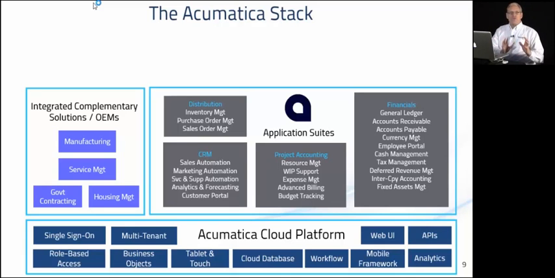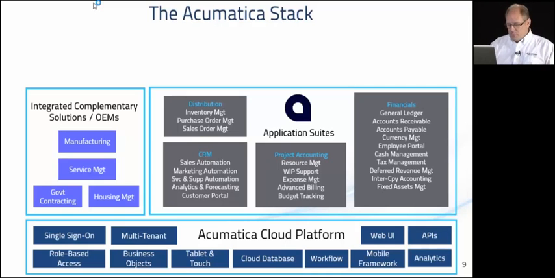But then we have what we call our integrated complementary solutions. Now, these are from organizations who have said, we're going to take that core functionality that Acumatica delivers, and we're going to take it into a specific industry. We're going to take it into manufacturing, service management, government contracting, or housing management, just some examples of what our partners have done with Acumatica.